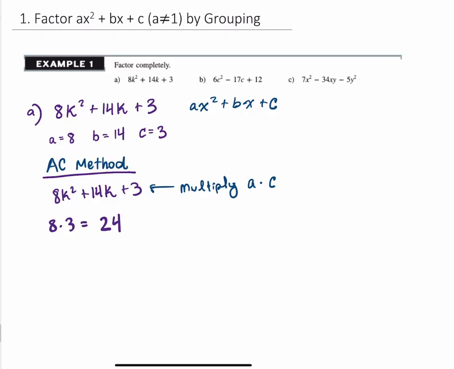Like if we didn't have this 8 here, we would just look at factors of c that add up to b. If there is an a term, you first multiply 8 times c, then find factors of that which will add up to your middle term. So we're taking this 24 and we're going to find factors of a times c, which we just found is 24, that sum to b.